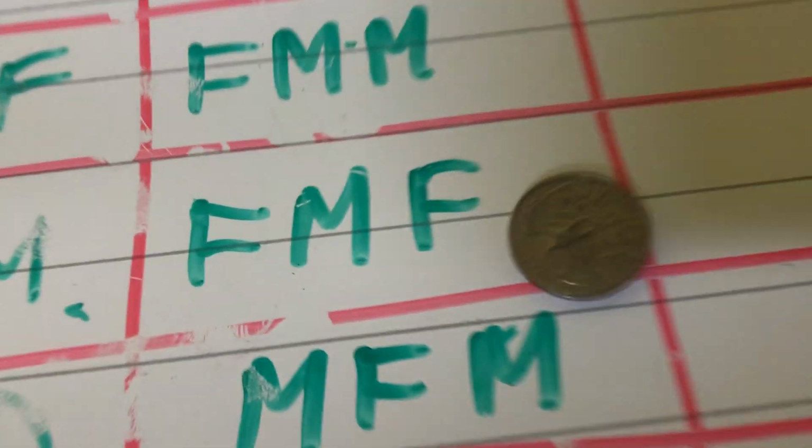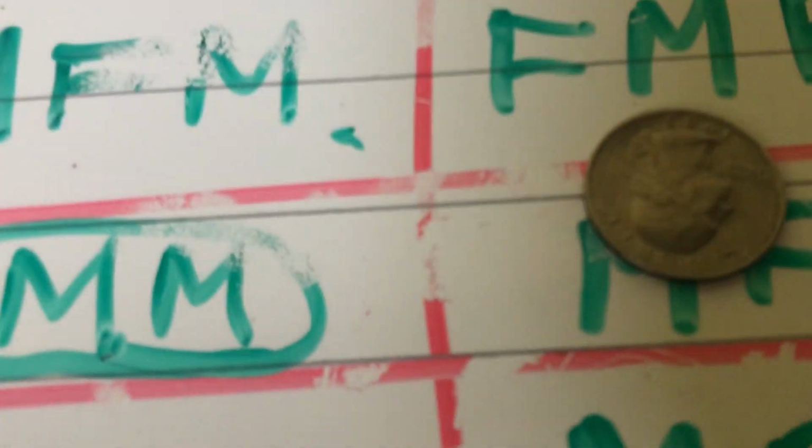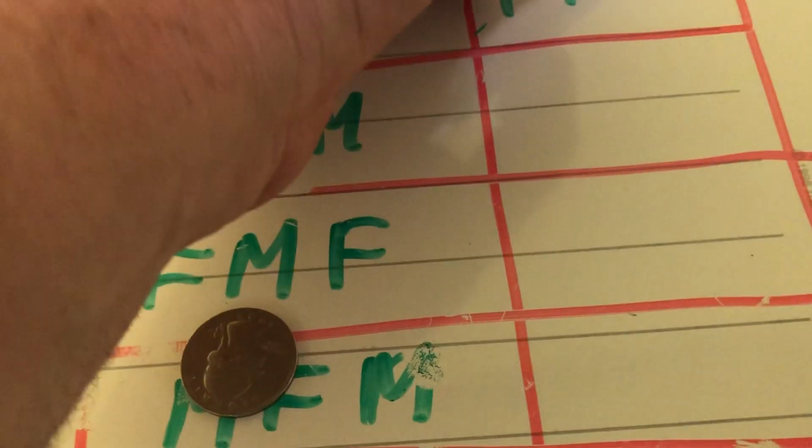So here we go. That's tails, so that's going to be a female. That's tails, so that's going to be a female. That's heads, so that's going to be a male. 4 more trials.